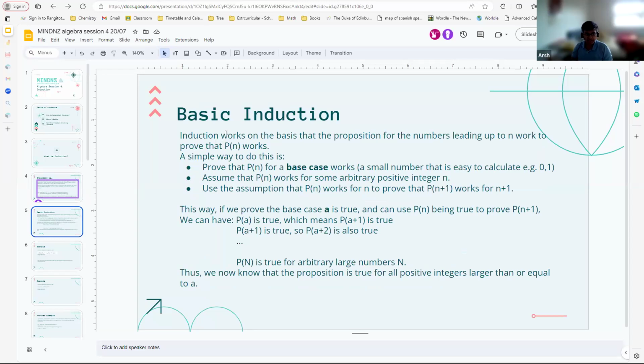Basically, induction works on the basis that the proposition holding for the numbers leading up to n is used to prove that Pn works.